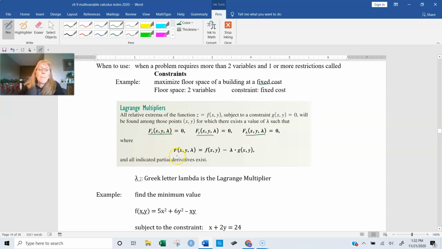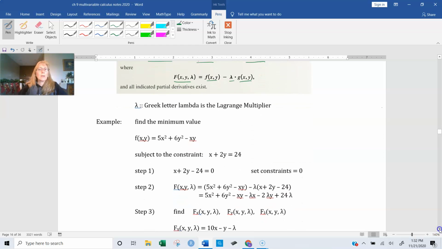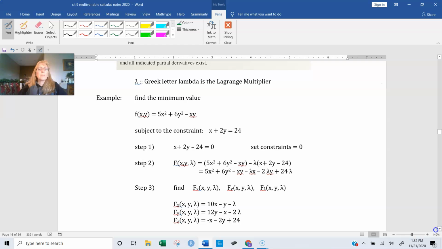Okay, this happens when the function of x, y, and lambda equals the original function minus lambda times the constraint. So let's show you what this does. Lambda is just a Greek letter that we use to represent our Lagrange multiplier.